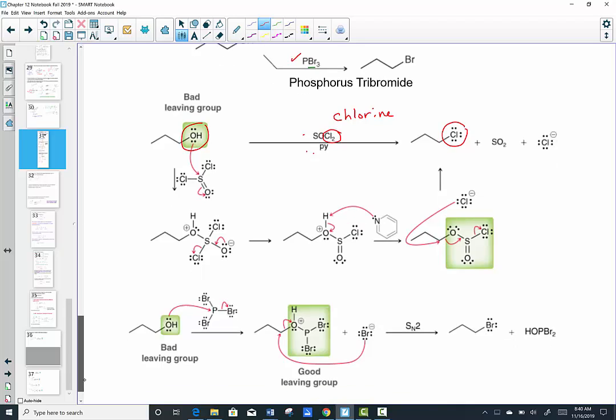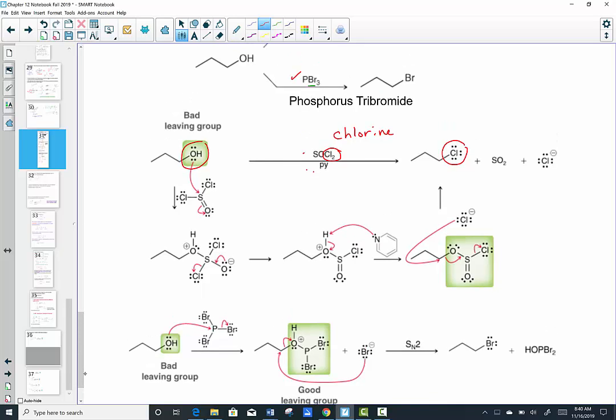Let's see how that works. So thinking about the mechanism, how do I get from the left to the right side? That's this journey. You can see the role of the reagent SOCl2, with the hydroxyl group reaching out to the sulfur, which is slightly positive just based on electron distribution. By adding on, you've created a better leaving group.